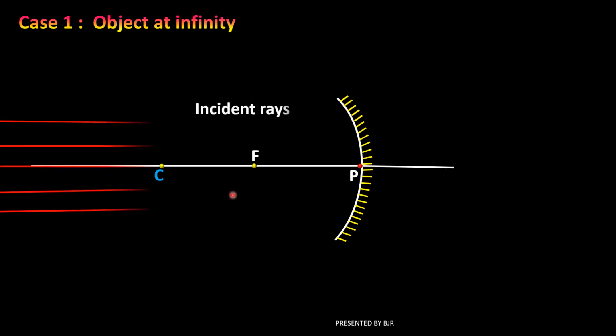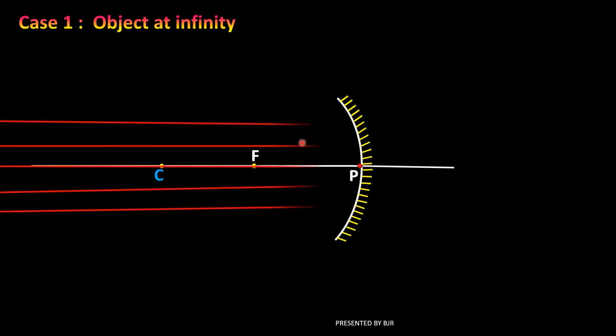So these are the incident rays, all parallel to the principal axis. All these rays are falling here at the respective points. Here they will get reflected at the respective points.